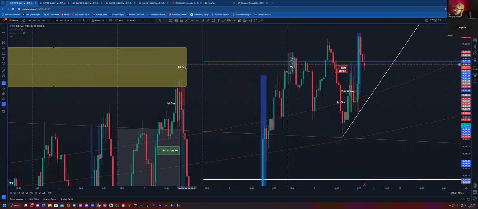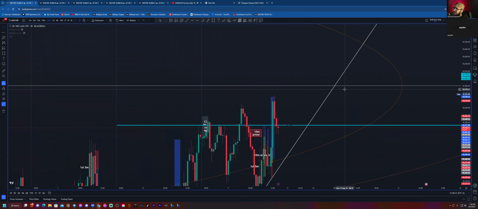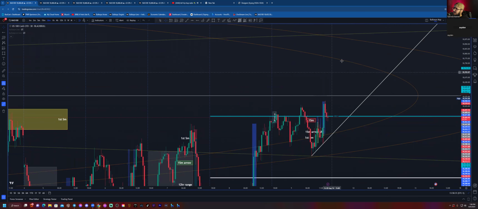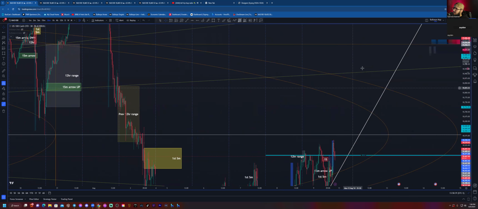The arcs are getting touched and bouncing out of it, getting touched and bouncing out of it. So we could potentially see this thing go higher next week. We could see this thing go up higher to 19,000, which would be right here.